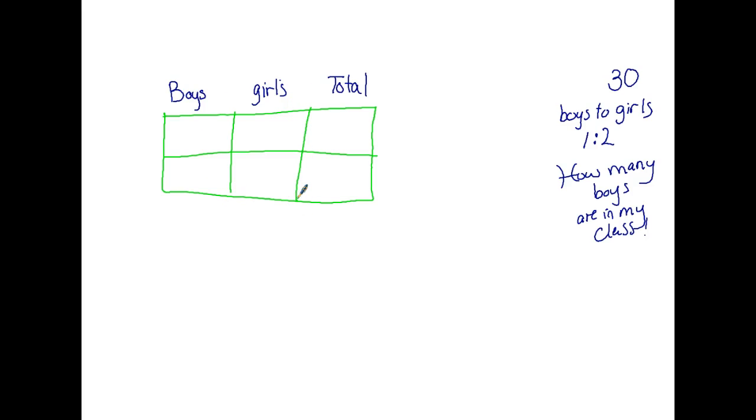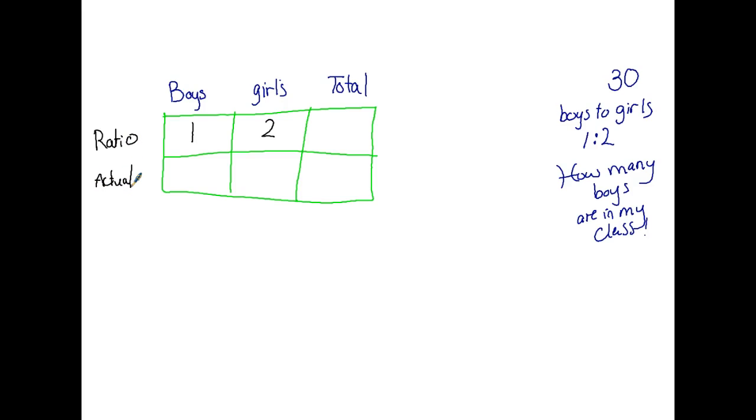Now, what is the ratio of boys to girls? It's 1 to 2. So this is the ratio, and this is the actual numbers.